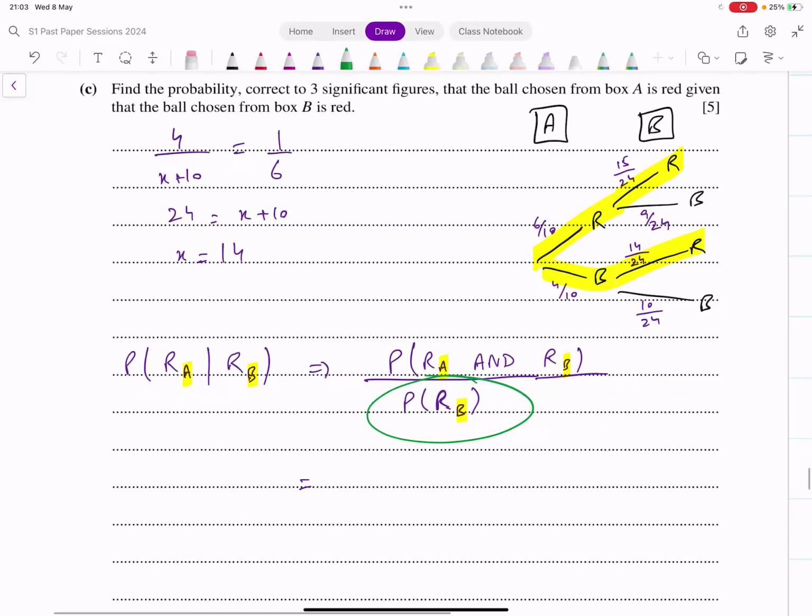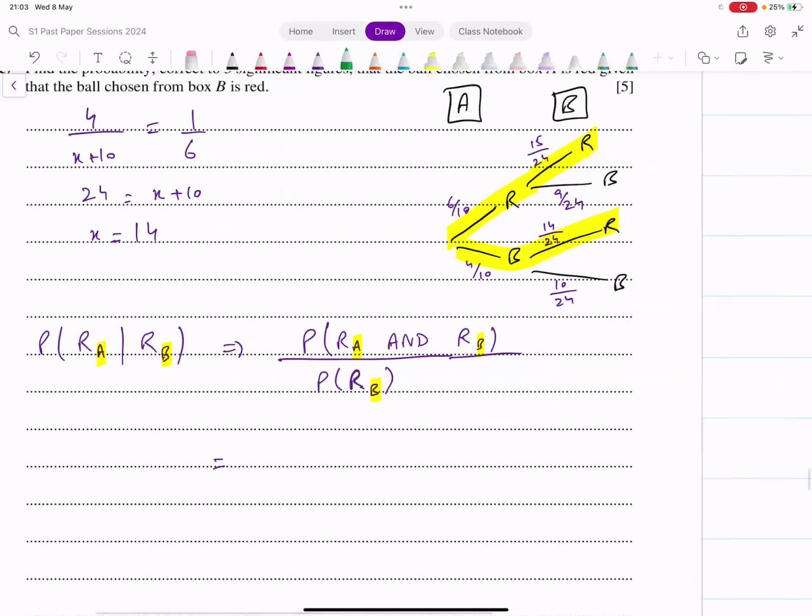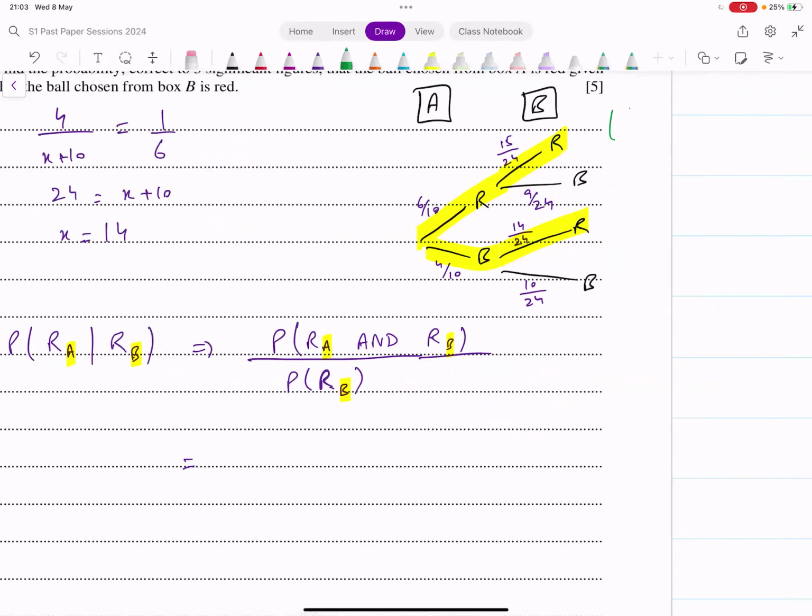That's the denominator. What would you have in the denominator? These two cases. 6/10 into 15/24. What does that give you? 6 into 15 divided by 240. That's giving me 3/8.